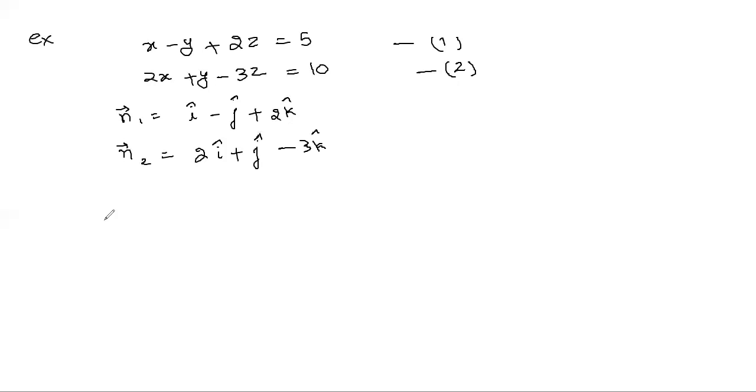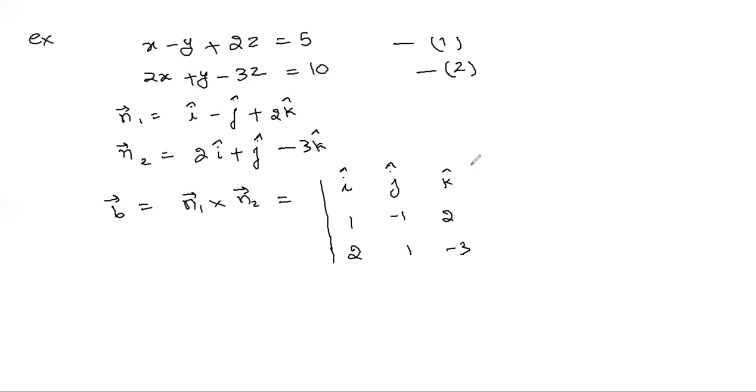So a vector which is normal to each of these is the cross product of these two vectors, which will be the expansion of the determinant whose first row is i j k, second row is 1 minus 1 2, which are the coefficients of x y z in the equation of plane 1, and third row is 2 1 minus 3, which are respectively the coefficients of x y z in plane 2.